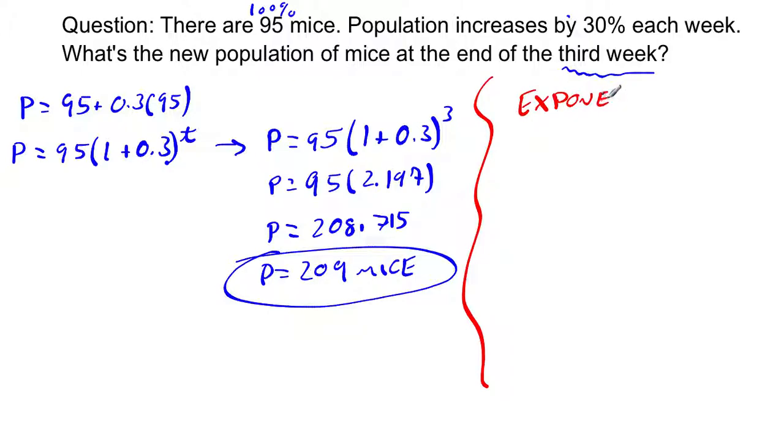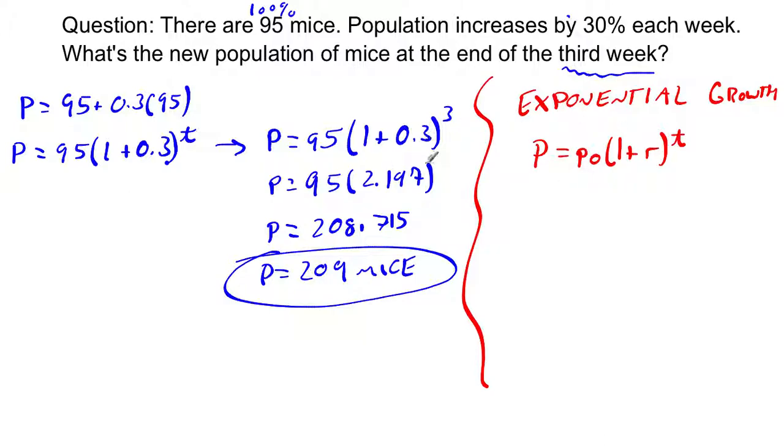Now you might see the formula written in a bunch of different ways. Exponential growth: the new value is going to be equal to the original value times 1 plus the rate to the t. So this is going to be your original value. This is your rate.